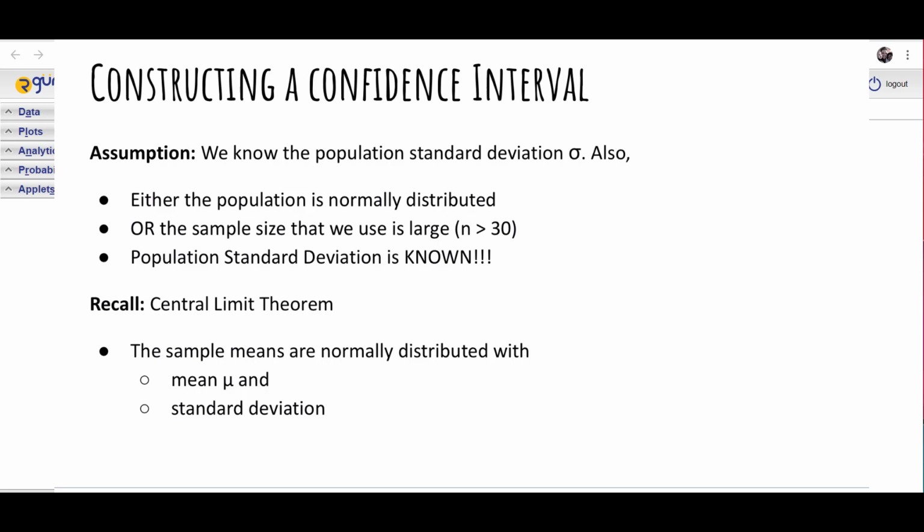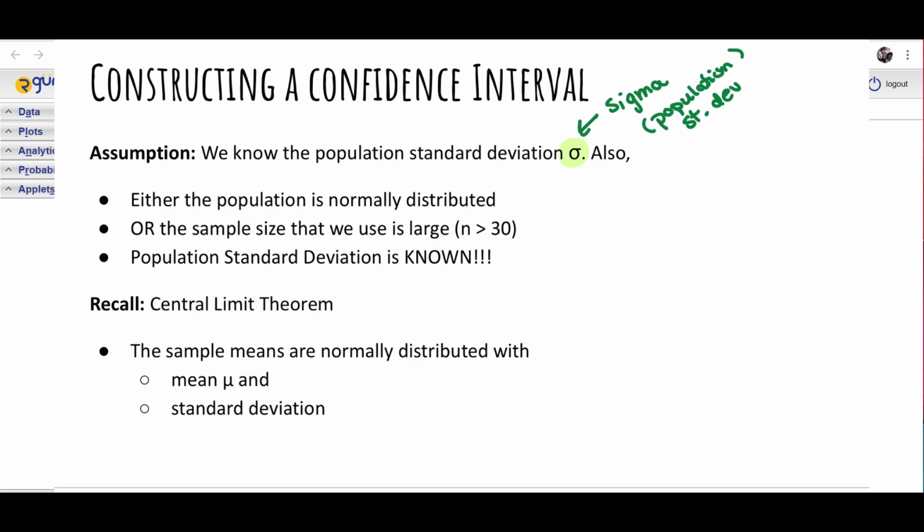So if we know that we are estimating the confidence interval for a mean, and if they give us the population standard deviation, which, if you will recall, is denoted by this notation here, sigma. I'm going to write it out just in case you've forgotten. That is population standard deviation, right?